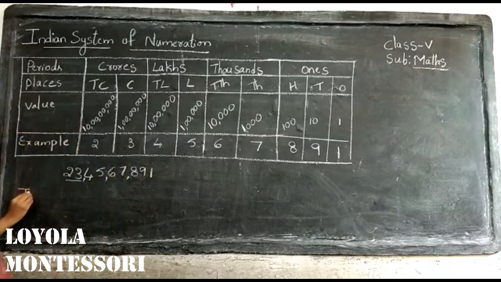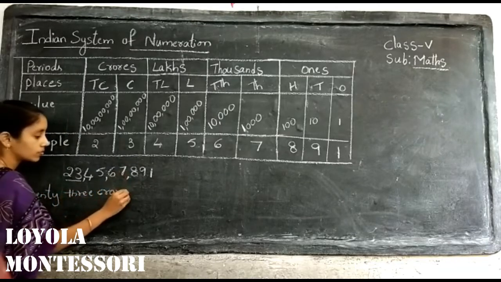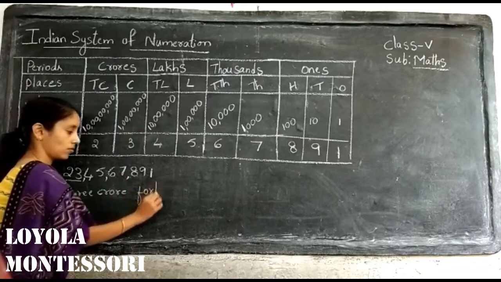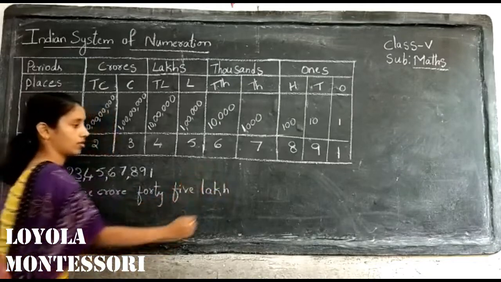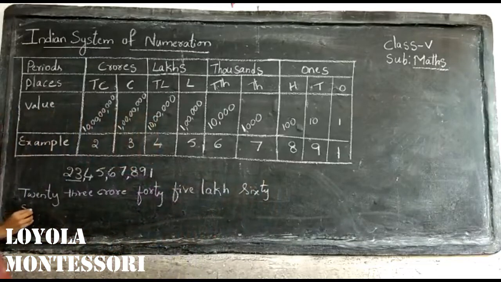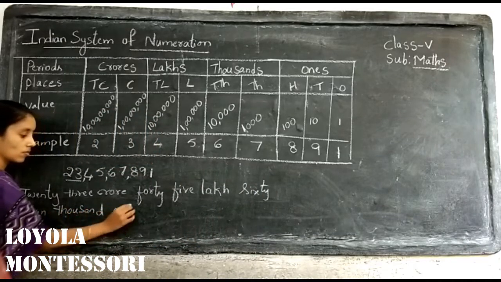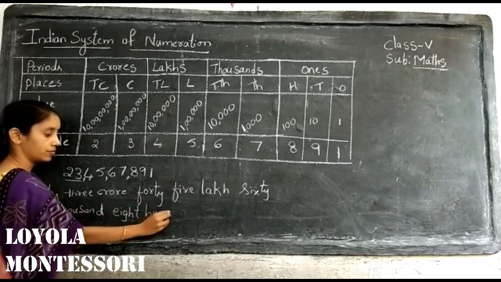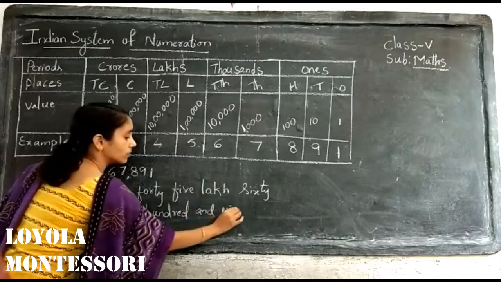So the number name is 23 crore, 45 lakh, 67,000 891.